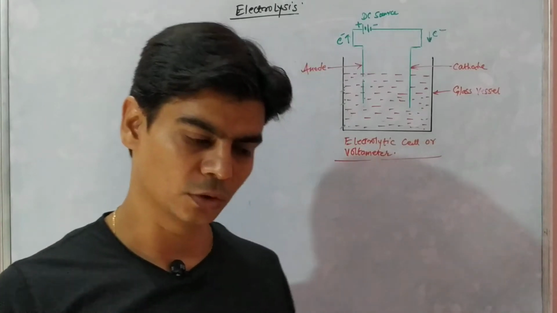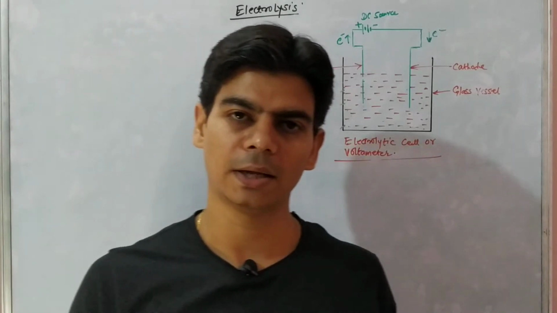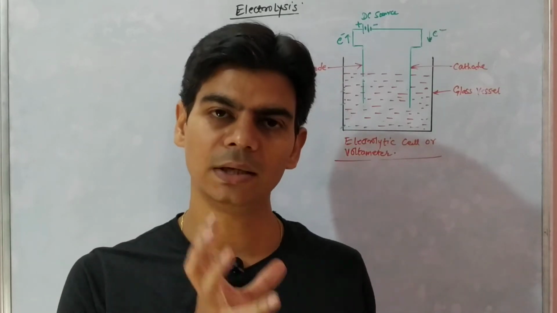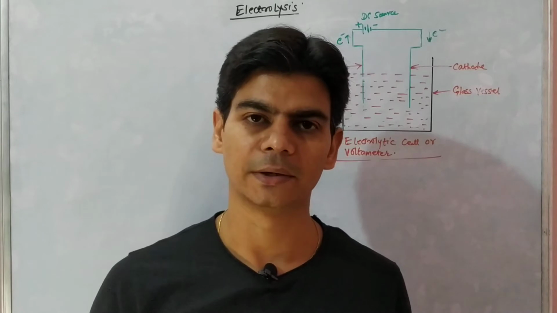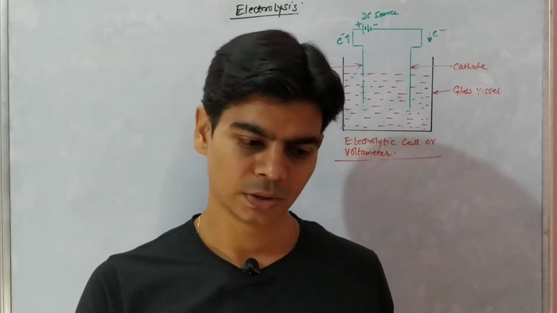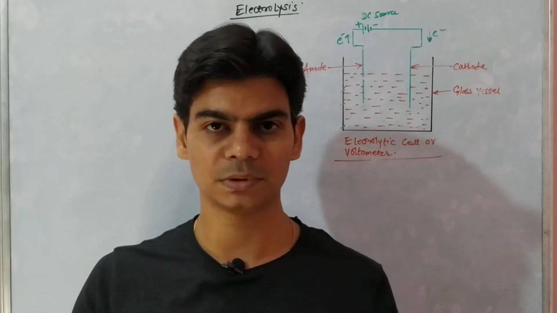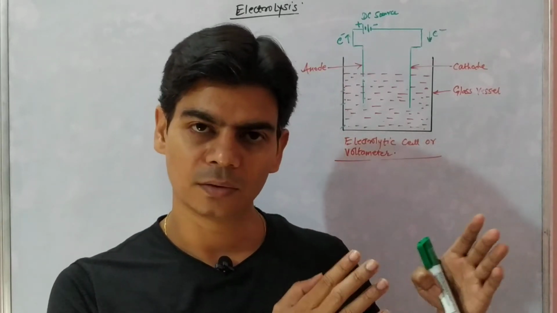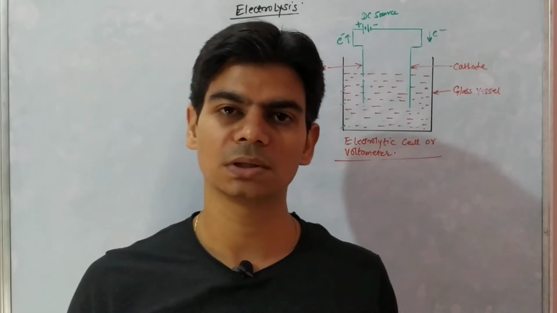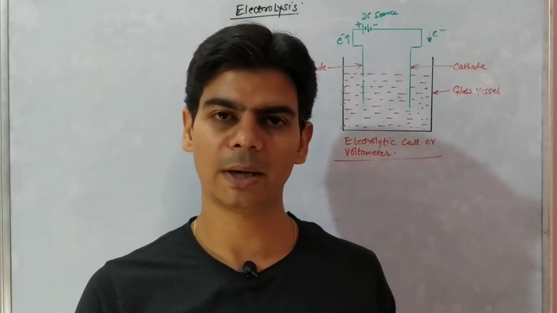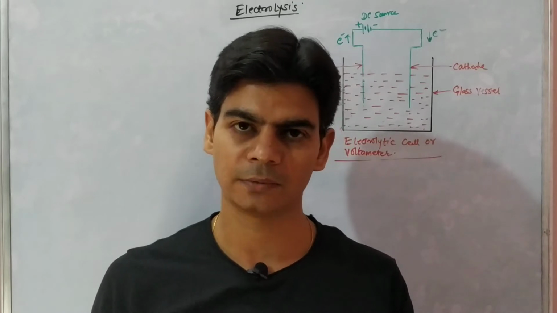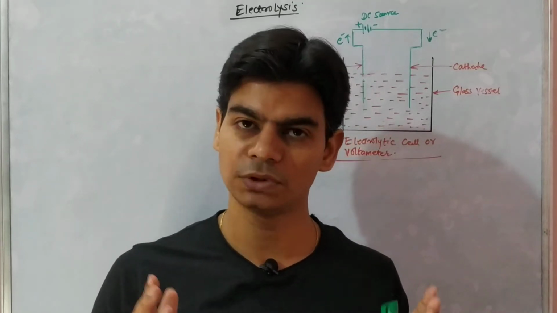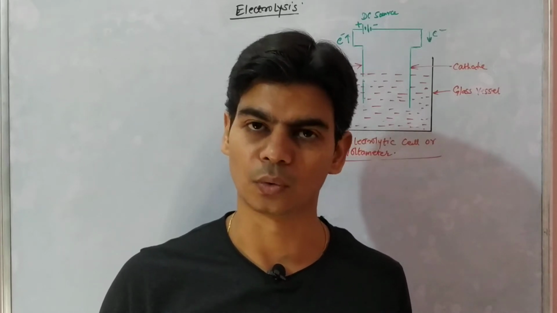And we have also studied that when we apply electric current to the metal rod, the mobile electrons that are randomly oriented before applying electric current started moving in a specific direction. The electrons started moving from the negative terminal of the battery to the positive terminal of the battery, right? And we have also discussed that it is the directional flow of charge due to which electric current flows, right?